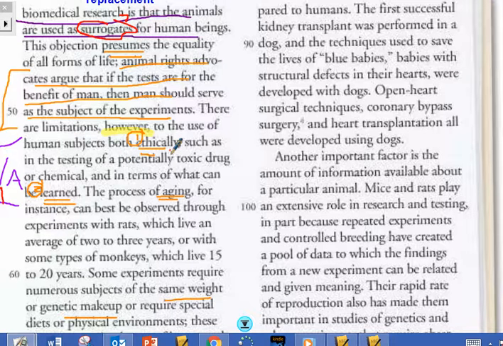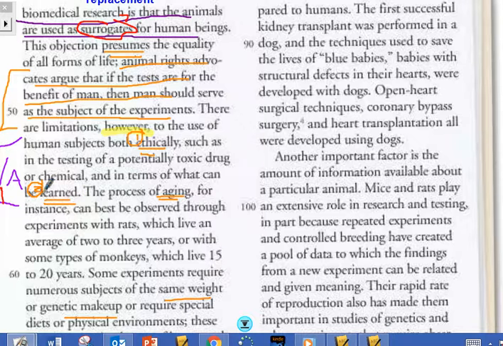Isn't that wrong? "Both ethically, such as in the testing of a potentially toxic drug or chemical." What if it could hurt the human being? And that's the ethics, and in terms of what can be learned.